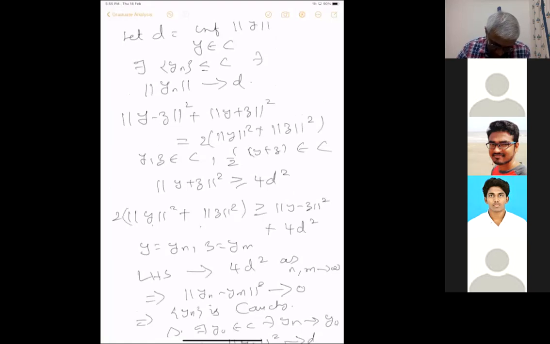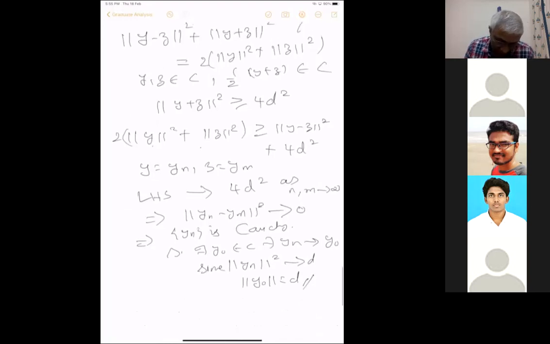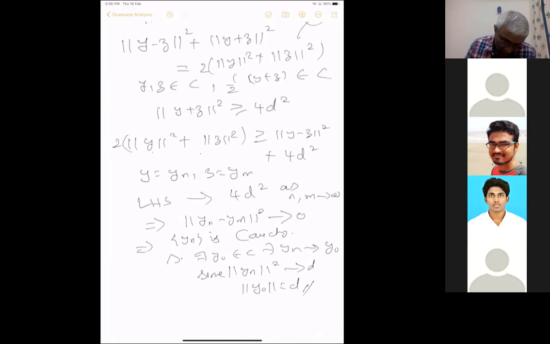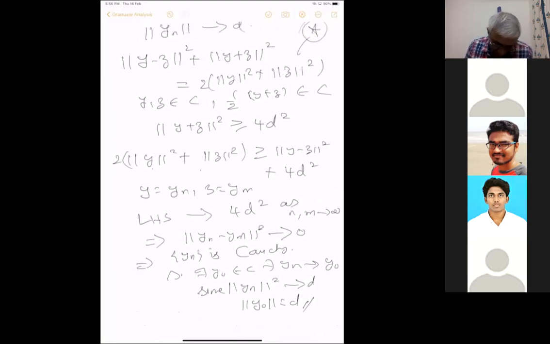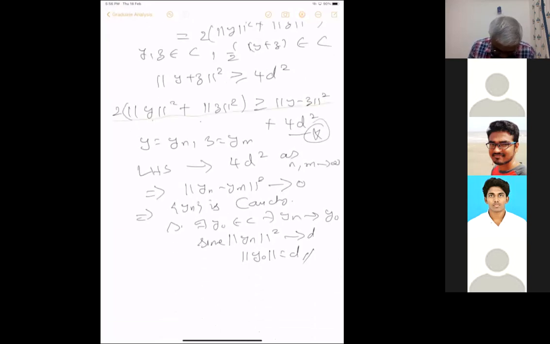Okay, if we have two such points, suppose y naught and z naught, such that both satisfy this, norm of y naught equal to norm of z naught, then you can substitute in star.